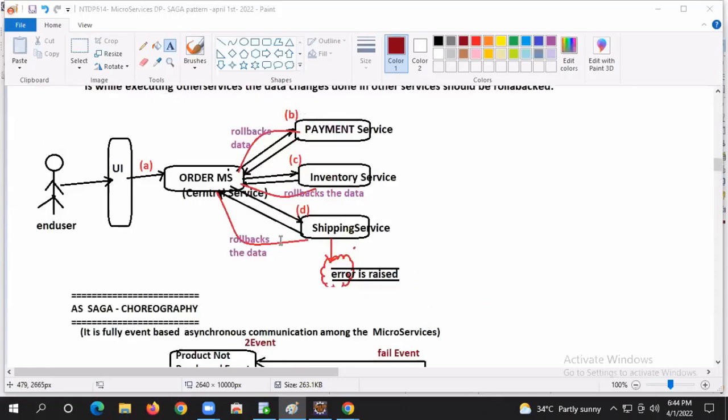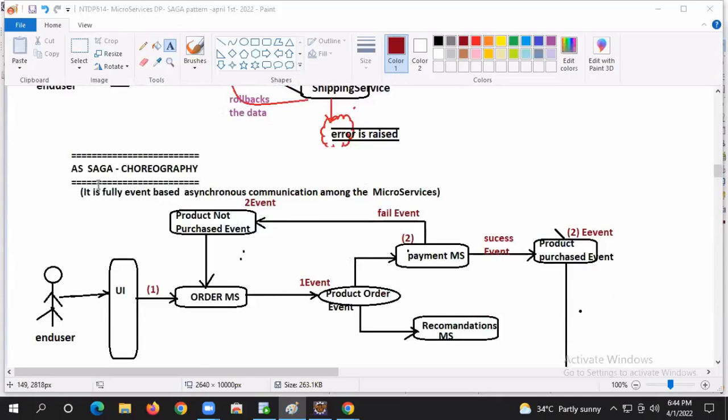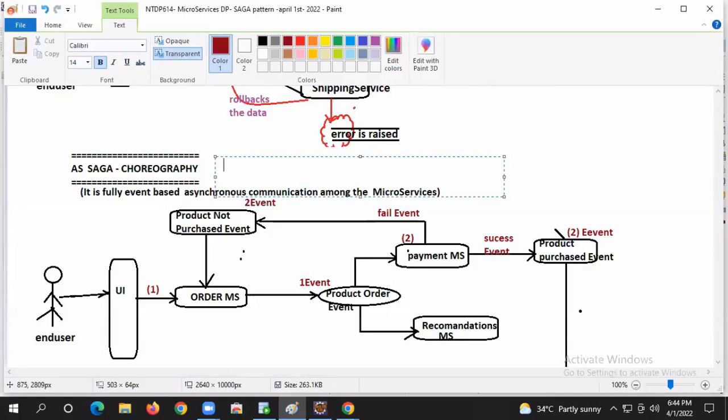Right, boss. Sir, which is good? Now listen carefully. This is good for small applications, guys. Preferred for small MS architecture applications.